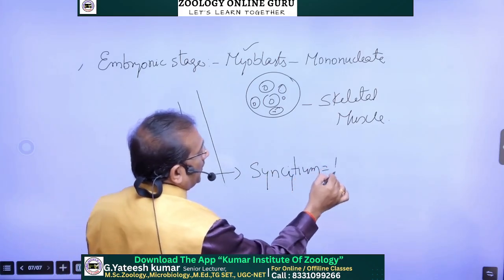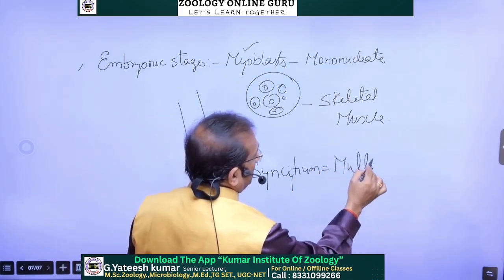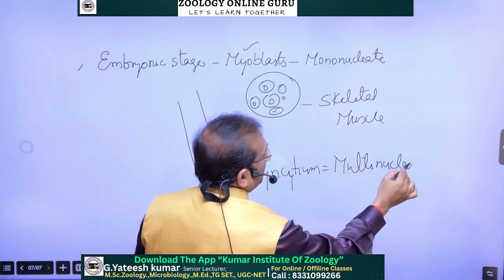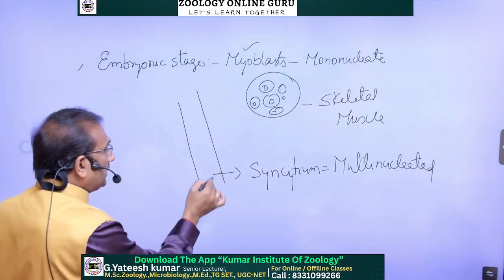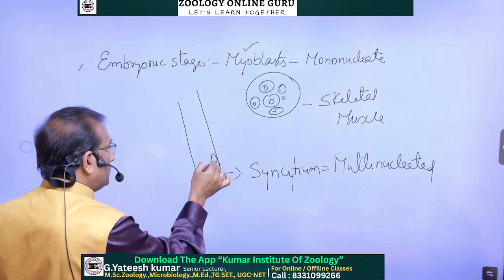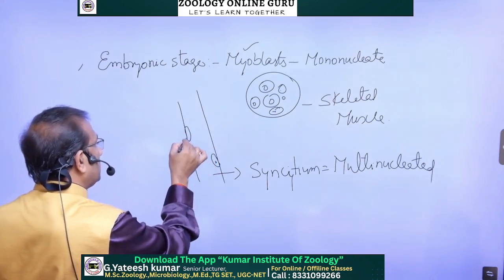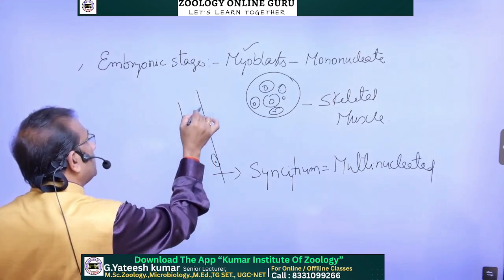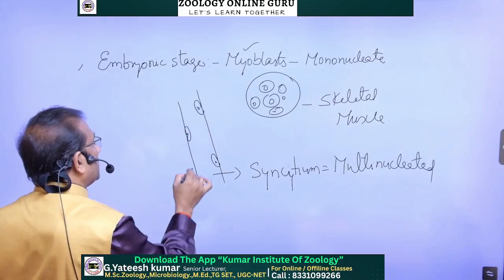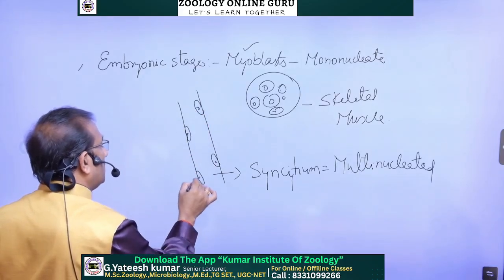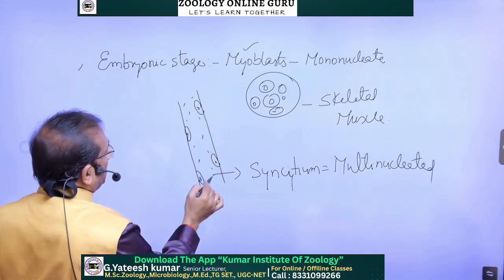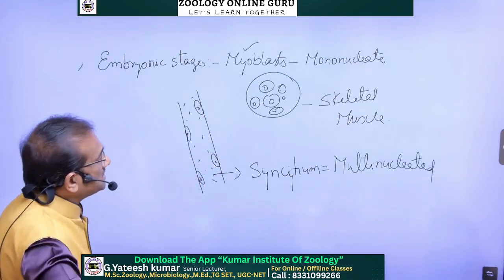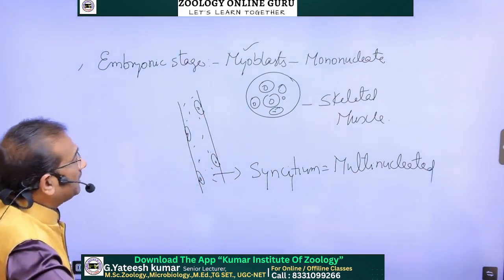Syncytium means multinucleated, and the nuclei are peripheral, attached immediately to the sarcolemma.